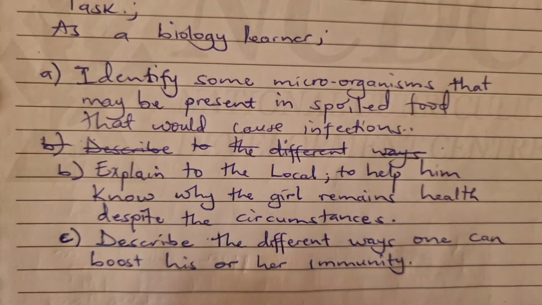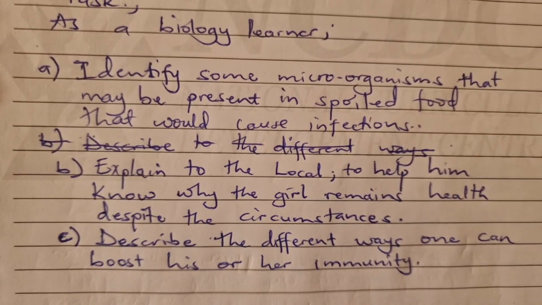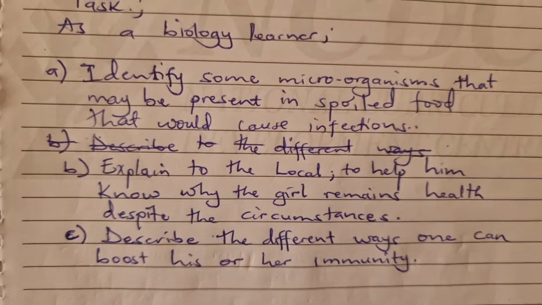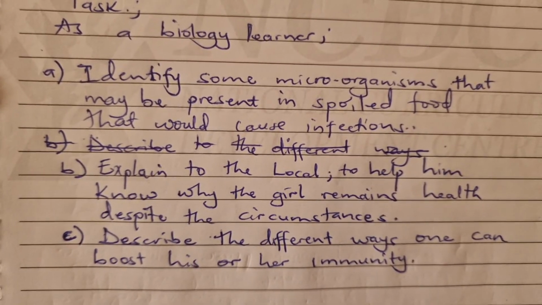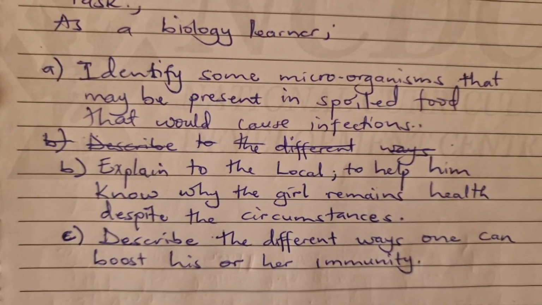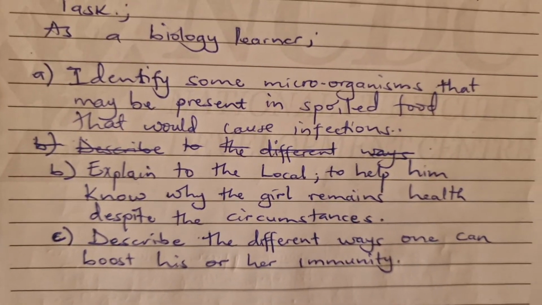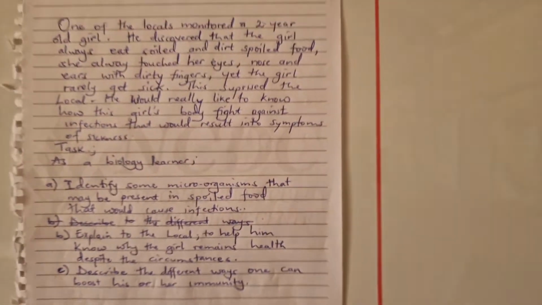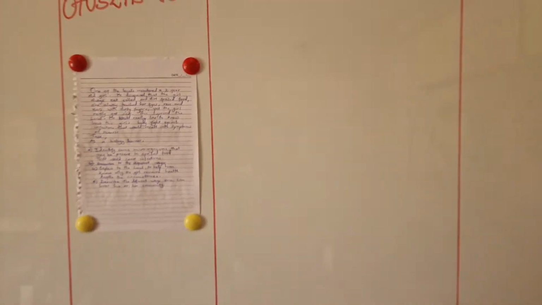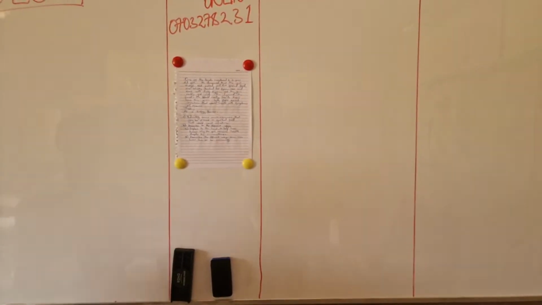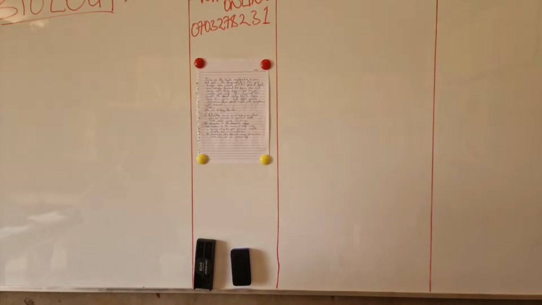Part B, explain to the local to help him know why the girl remains healthy despite the circumstances. And part C, describe the different ways one can boost his or her immunity. So you can screenshot, like we said, we've seen the scenario.